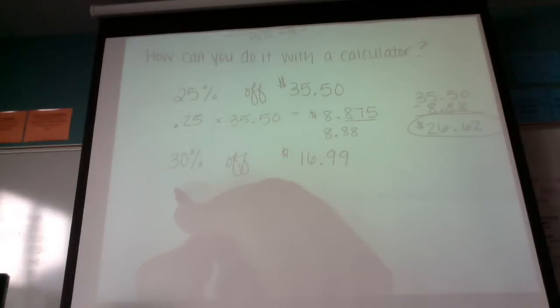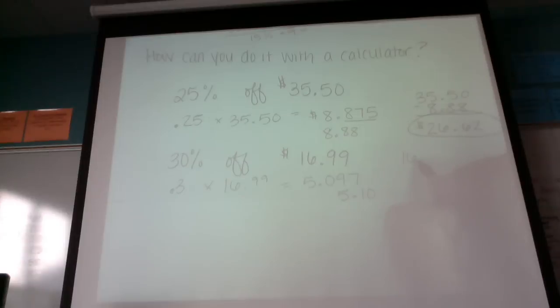30% off, I'm going to change that to a decimal, so 0.3 or 0.30, however you want to write it. I'm going to multiply that by $16.99. That's going to be 5.097. So we're going to round that to $5.10.